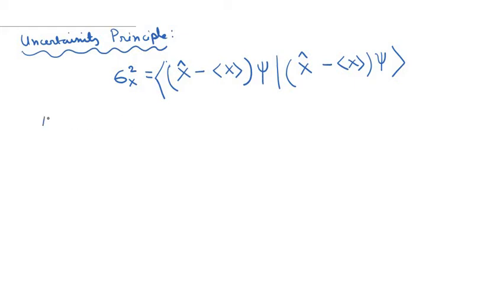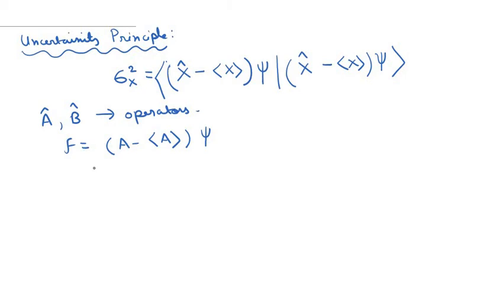So let us consider two operators a and b. Let us define a minus the average value of a, acting on the wave function psi, as f. We will also define another variable g, which is b minus the average value of operator b acting on the wave function psi.